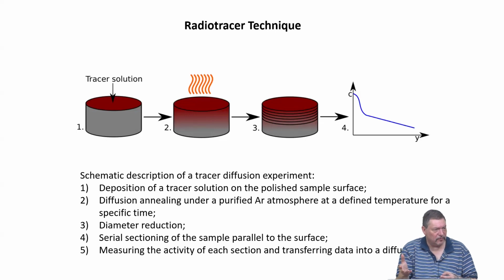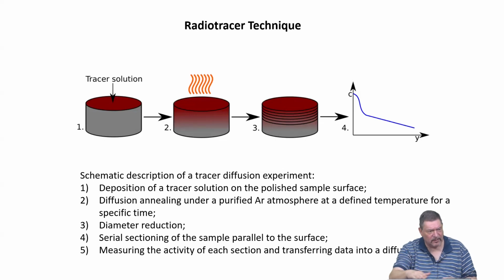This is set for a certain temperature T and a time t that you select. Then you take it rapidly out of the furnace so that the sample gets to room temperature as quickly as possible. Then you take off the external surface so as not to get any impact of the surface diffusion that also occurs.